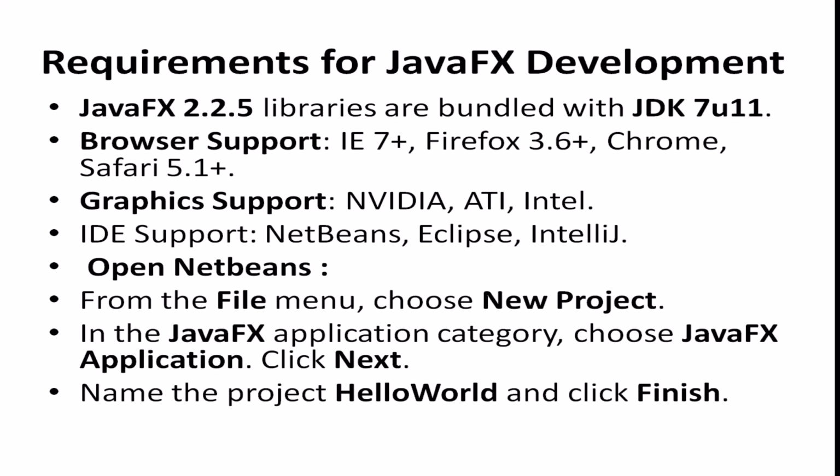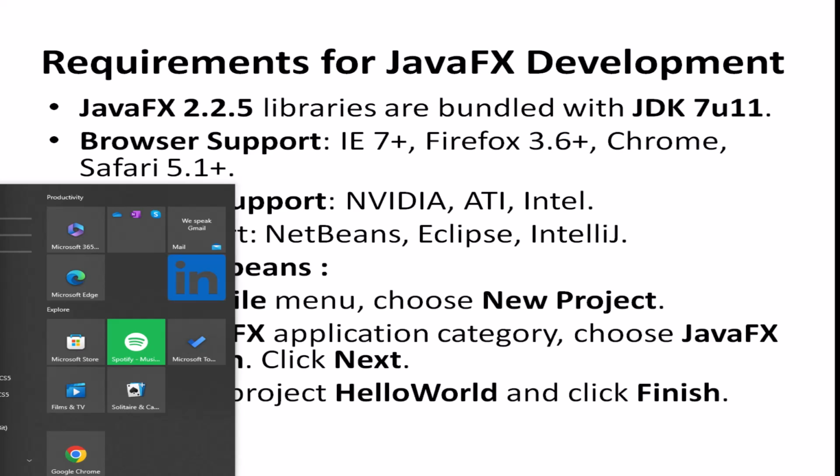Open NetBeans. From the file menu you can choose the project, JavaFX application, so you choose the category JavaFX application and click next. So let us see by opening NetBeans. So here we have NetBeans.